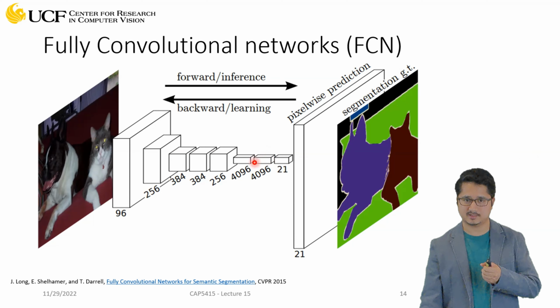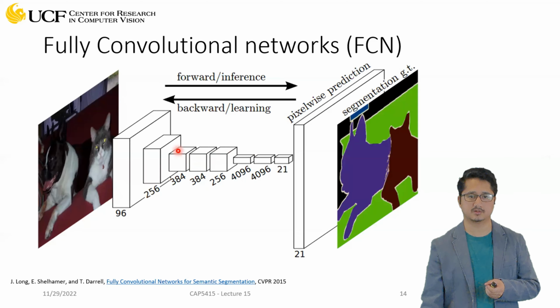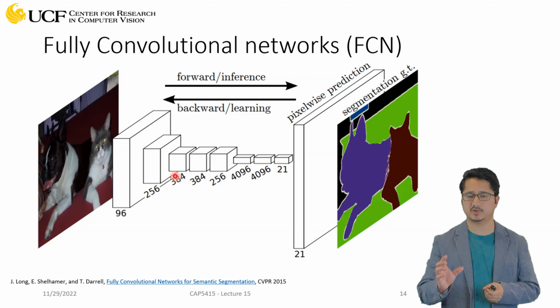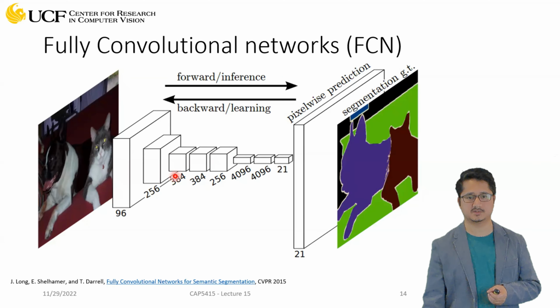As opposed to that, if you look at the features of the previous layers, there is some spatial information preserved, right? Let's look at this second layer, which has 256 different channels, and let's say the height and width are maybe 56 by 56.